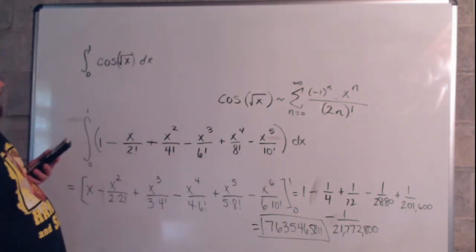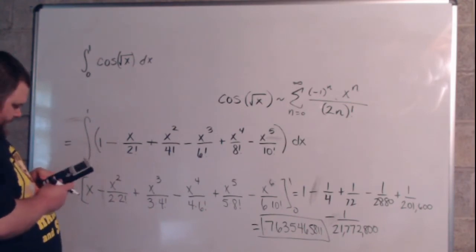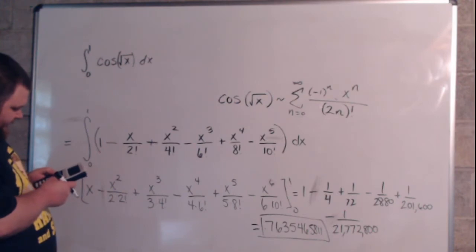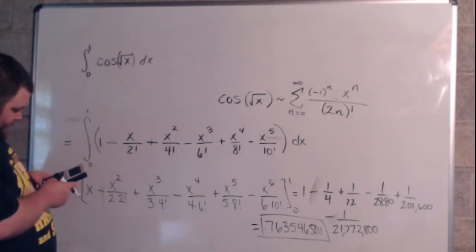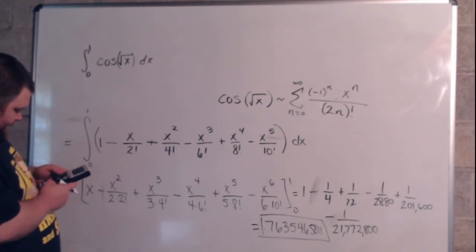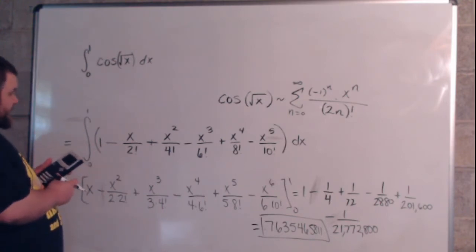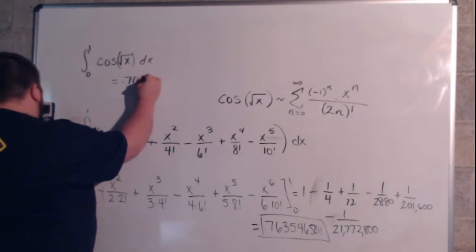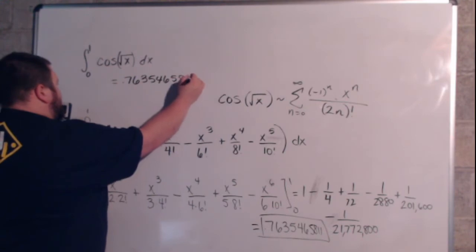So then the question is, what is the actual answer? So we can do the FNINT function from 0 to 1, cosine of the square root of x with respect to x, and that comes out as that.